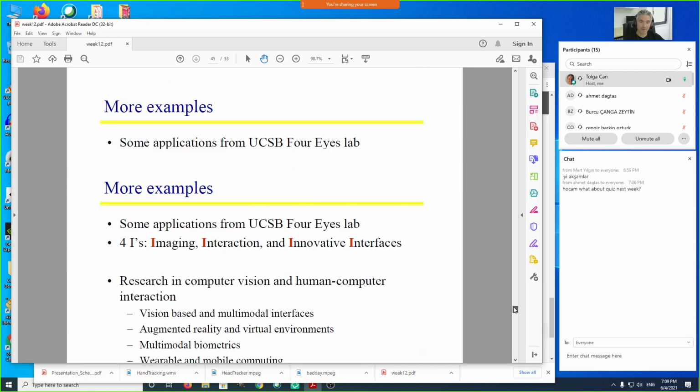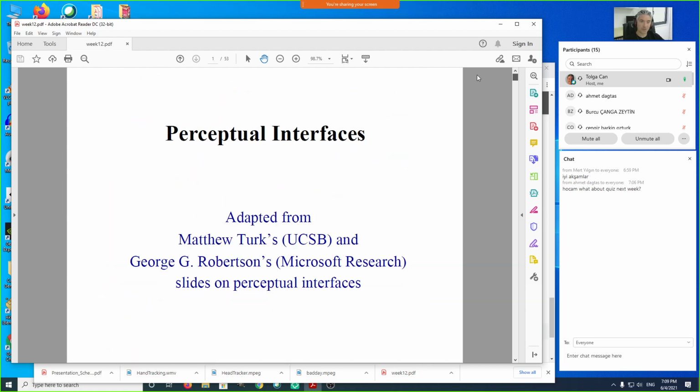Just when we talk about perceptual interfaces today, you should also have that in mind. We will no longer be talking only about a single person with respect to a computer, but if computers were able to see us in classrooms, in our offices, can we make use of this to make our interaction with them better? That's the goal basically.